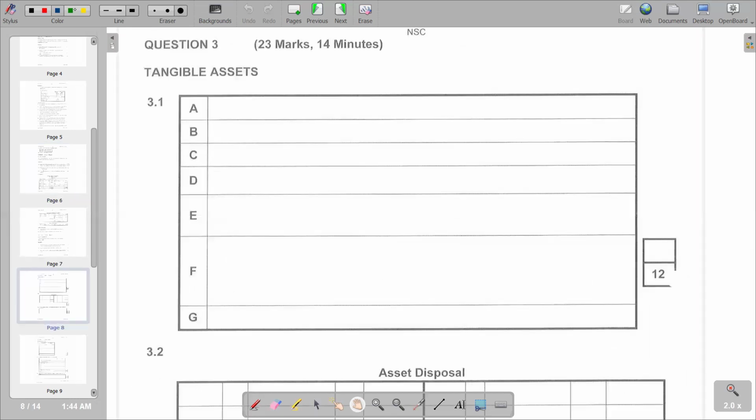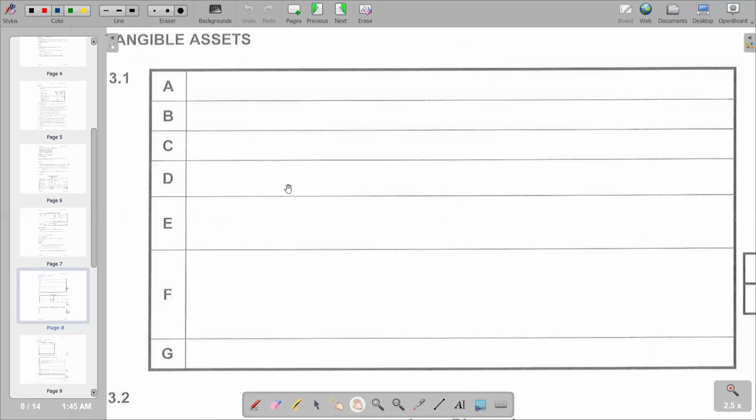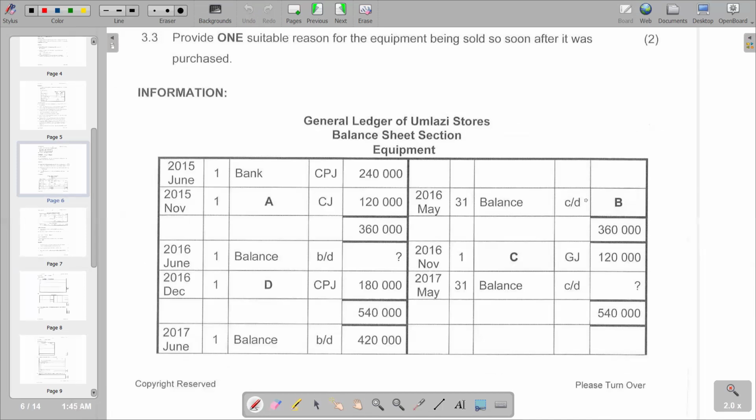So A, we have creditors control. You go to B. B is the balance sheet. So very simple it is.